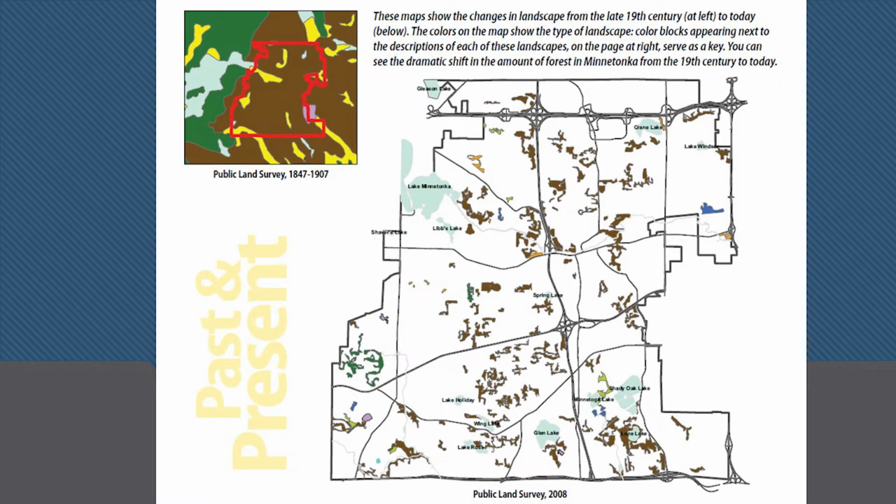Here's what we really have. So in 2004, the city hired a botanist to comb the city of Minnetonka and see where the remnant habitats remain in Minnetonka. And this is what came up from our Minnesota Land Cover Classification System, the MLC. And so these are where we have native habitats in Minnetonka.